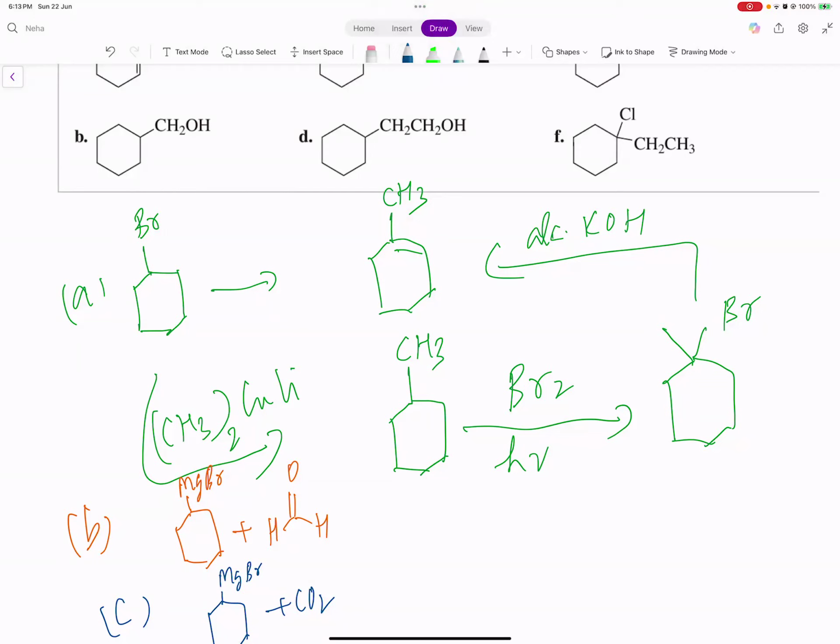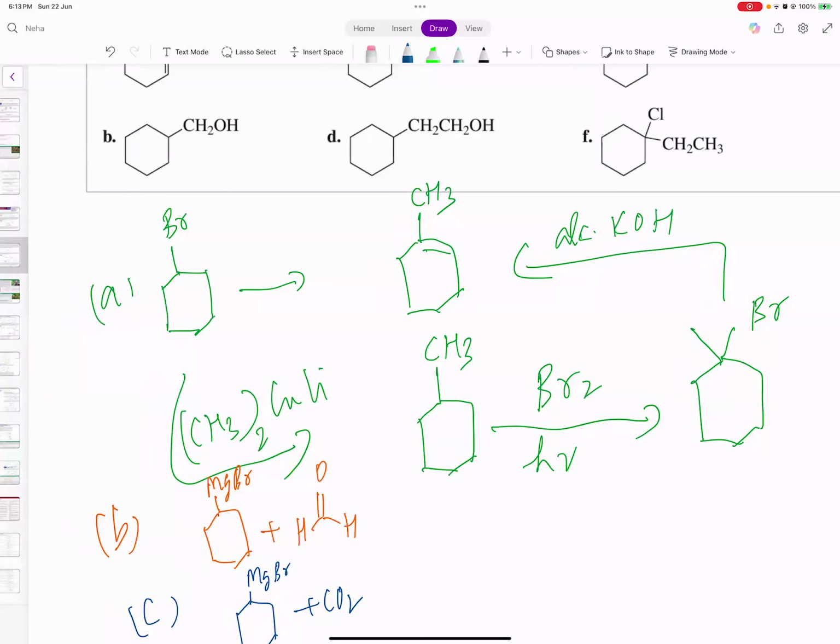Technically yes, we can get it, but are you getting what I'm saying? The fastest SN2 reaction will occur for primary alkyl halides. So we don't want that. The rest you can do.